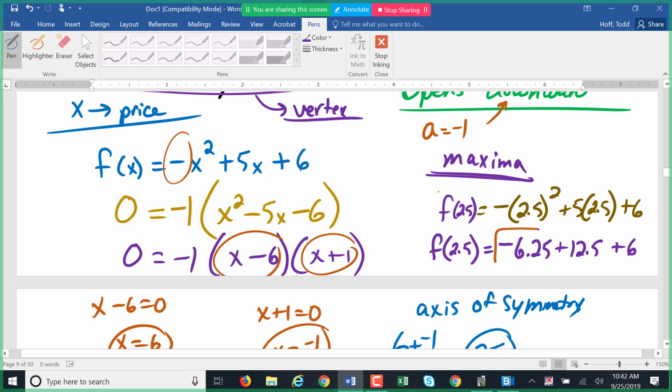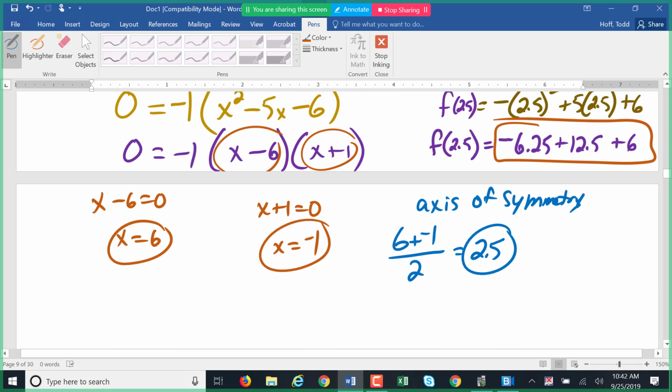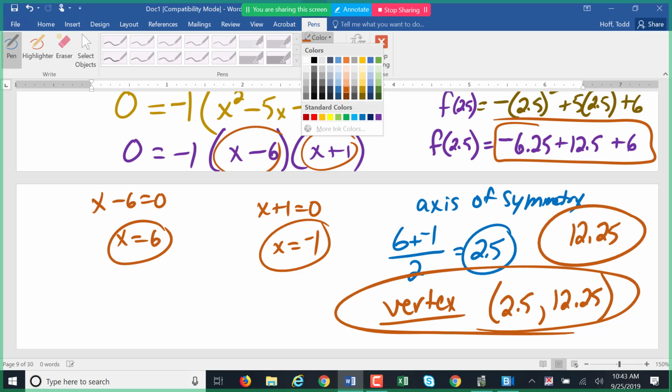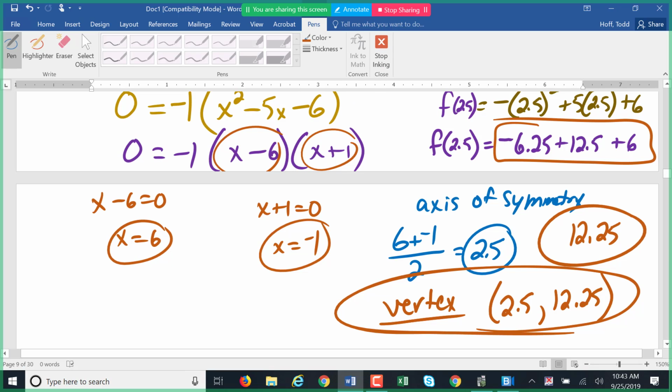We can combine these. Negative 6.25 plus 12.5 plus 6 is going to be 12.25. So the vertex is at x equals 2.5 and y equals 12.25. So the maximum value here is at y equals 12.25.